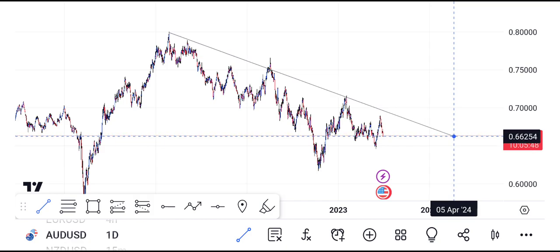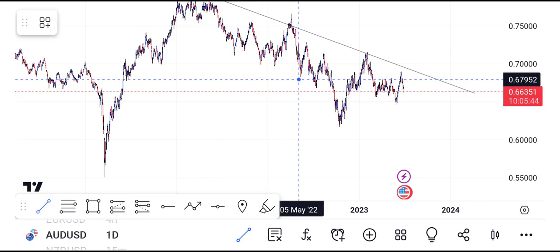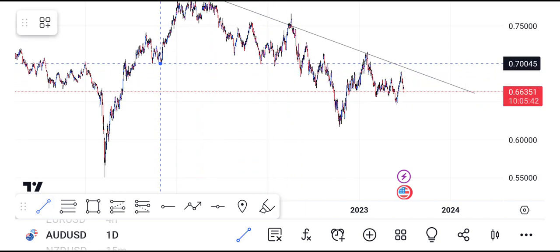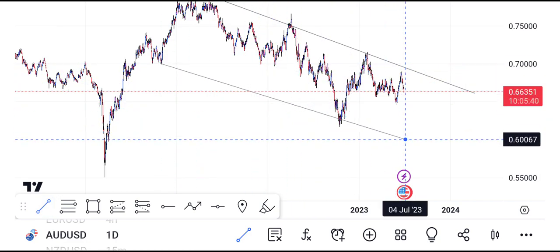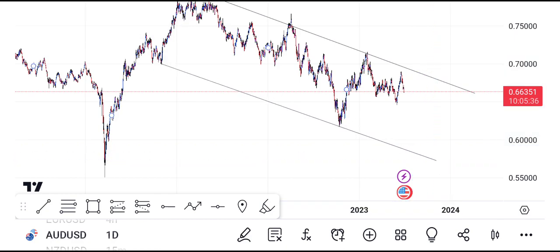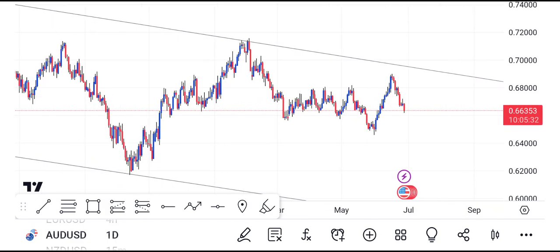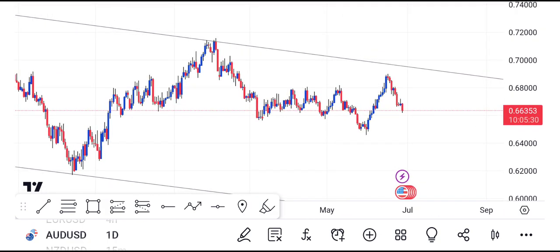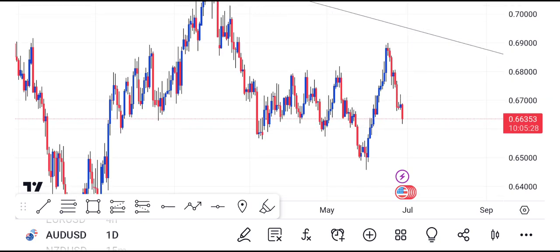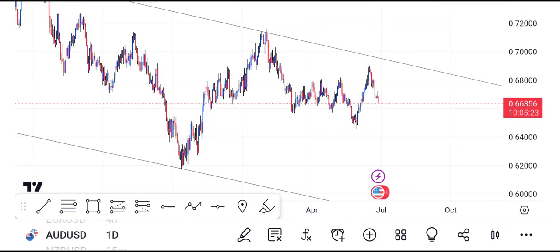Price is looking a little bearish. I don't usually use the daily time frame that much to identify my trend. I usually use the 4-hour time frame, but on this occasion I am using daily.